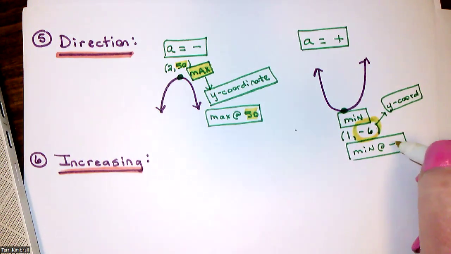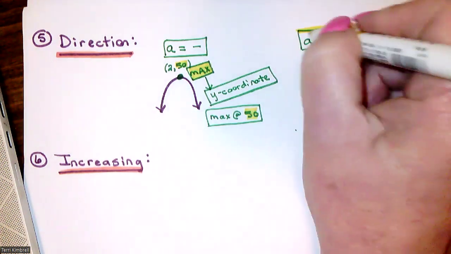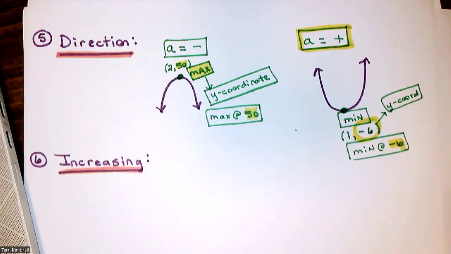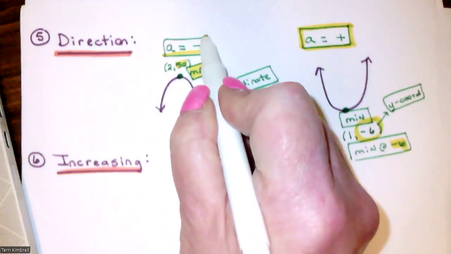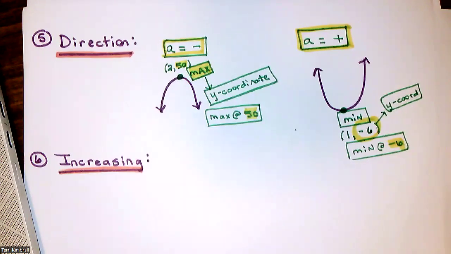So sometimes the questions will ask you, if a parabola opens upward, what is your A? So you do need to kind of know that your A would be positive. It might ask you if this problem has a max of 50, is your parabola going to open up or down? And you would know that goes down because your A is negative.